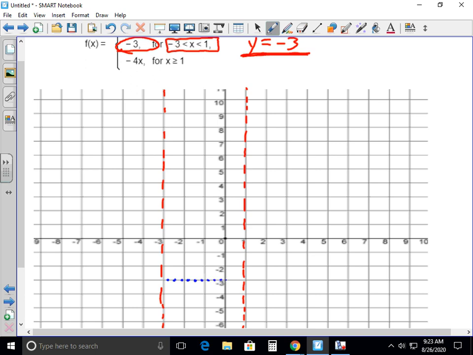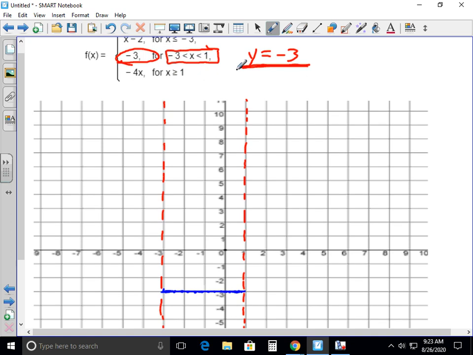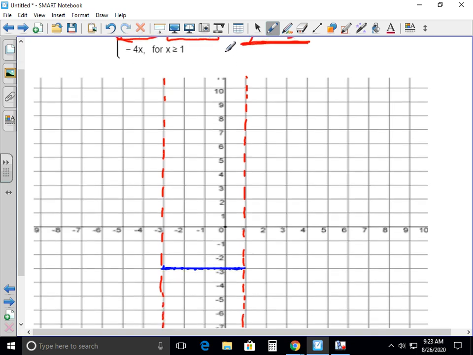So our y value is down here at negative 3 anytime we're in that middle interval. So that's just a horizontal line. Notice this interval does not include negative 3 because there's not a line under it, nor does it include 1. So to show that we don't include the ends, open circle, open circle.